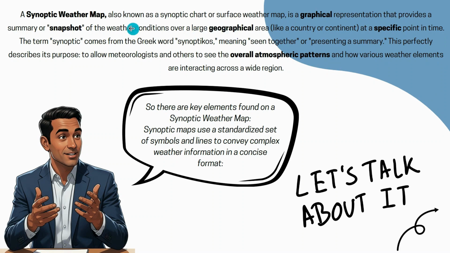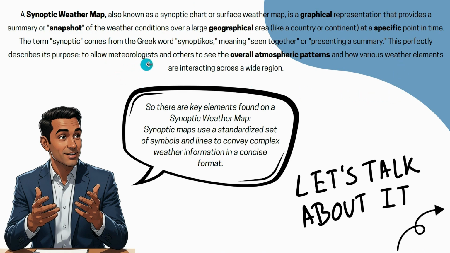Just for interest, the term synoptic comes from the Greek word synoptikos, meaning seen together or presenting a summary. And this is perfectly what the purpose of a synoptic weather map describes.